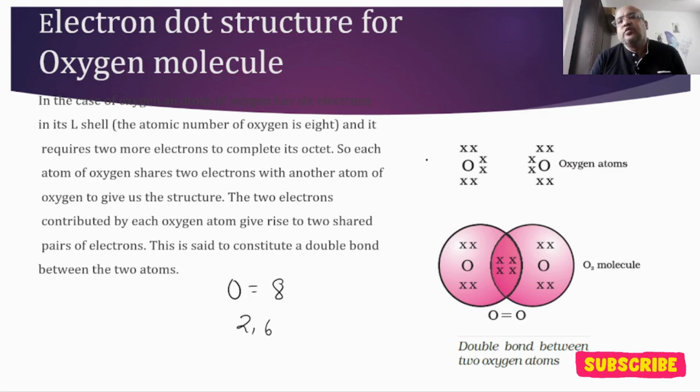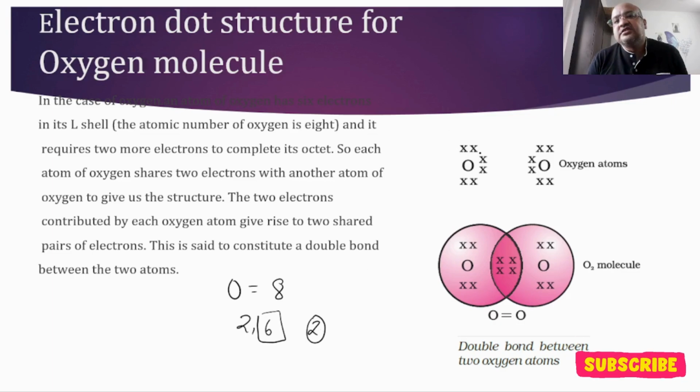What I have represented here is that 6 electrons are there in the valence shell. To attain the noble gas configuration of neon, oxygen has to gain 2 more electrons.